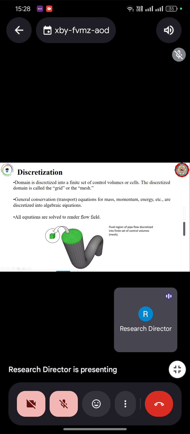The generalized conservation and transport equations for mass, momentum, energy, etc. are discretized into algebraic equations. All equations are solved to render the flow field. So with the help of solving the combined equations of mass, momentum, and pressure, that will give the final answer for the particular domain. Here we can see that all are discretized points.